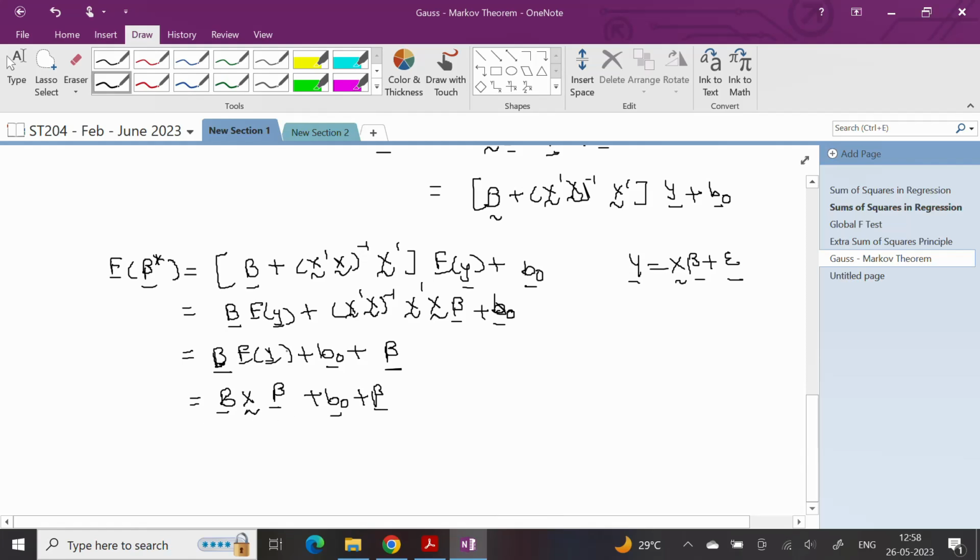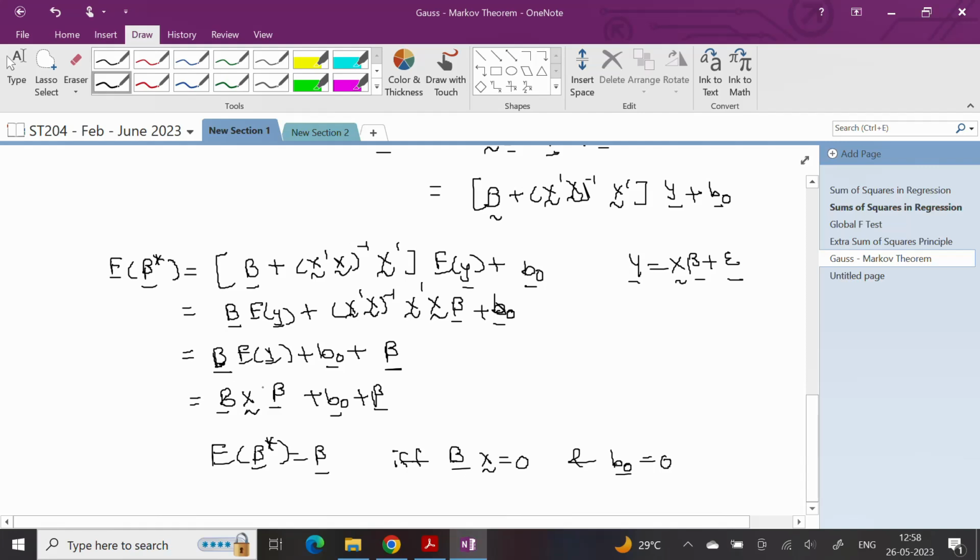So this expectation, we want expectation of beta star to be beta because we want an unbiased estimate. So expectation of beta star will be equal to beta if and only if bx is equal to 0 and b naught is equal to 0.